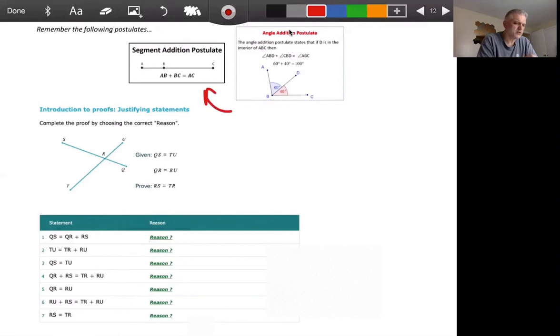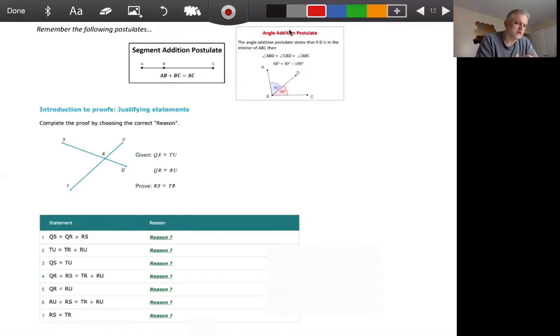Segment addition postulate. If I have AB and I have BC and I add them together, then I get AC. So the pieces of a segment add up to the whole segment. Angle addition.